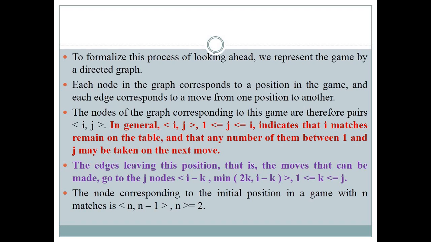The edges leaving this position, that is, the moves that can be made, go to the j nodes (i minus k, minimum of 2k or i minus k) for k greater than or equal to 1 and less than or equal to j. The node corresponding to the initial position in the game with n matches is (n, n minus 1) for n greater than or equal to 2.